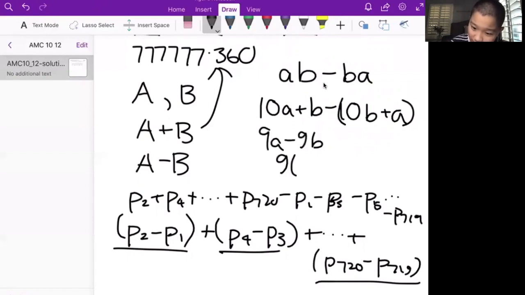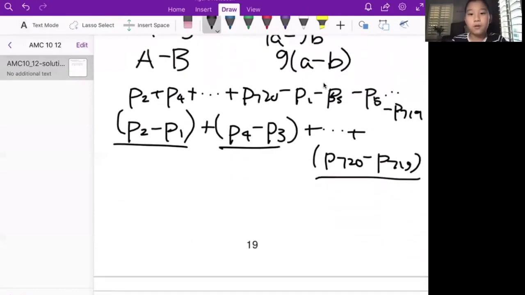So it's 9 times the difference between A and B. Now we know what to find. For each of them, the difference between the last two digits times 9 is their total difference.